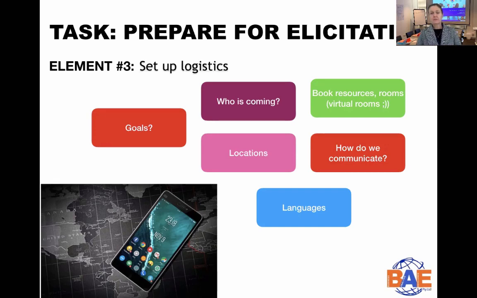And of course, do you need to produce any of the information in more than one language? So all of these are quite common factors to consider setting up any large meeting.